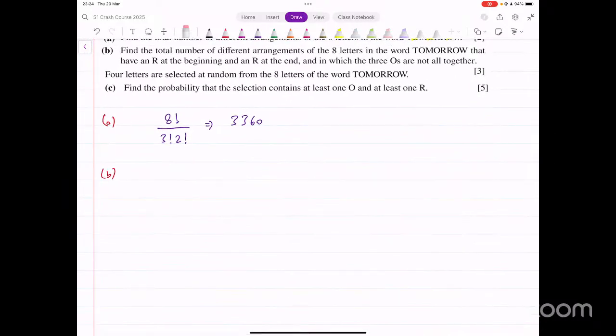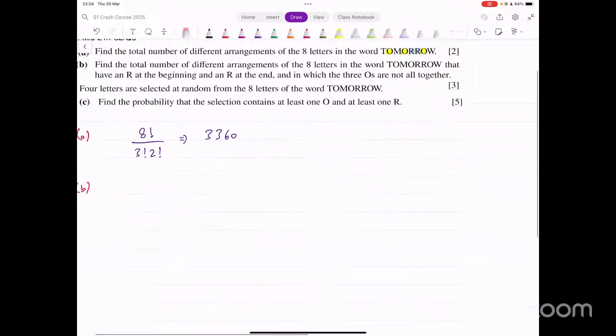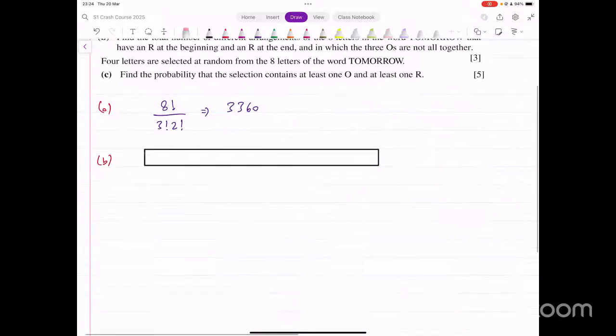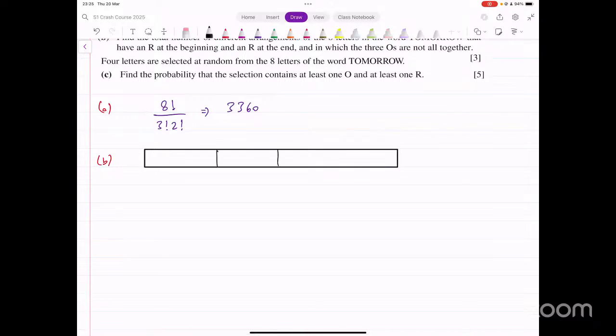Okay. So how do we think about this now? So there's one condition that there should be one R at the beginning and one R at the end. So that condition is going to be there. Let me represent that. So let's say we have 8 boxes like this. We have an R here and an R here.